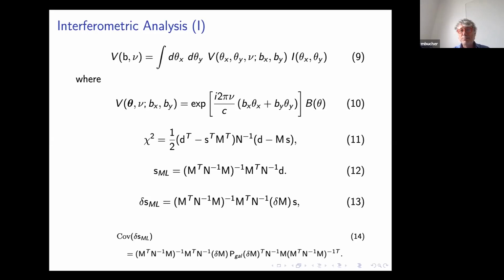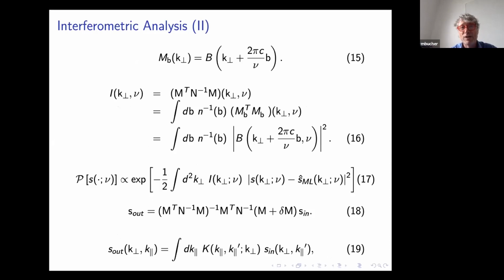And then we get this matrix M, which is basically summing over all these different beams, and we get a covariance. So this is just standard matrix algebra, a little like CMB map making. And this is because of the drift scan and the fiction of a drift scan in the transverse direction.